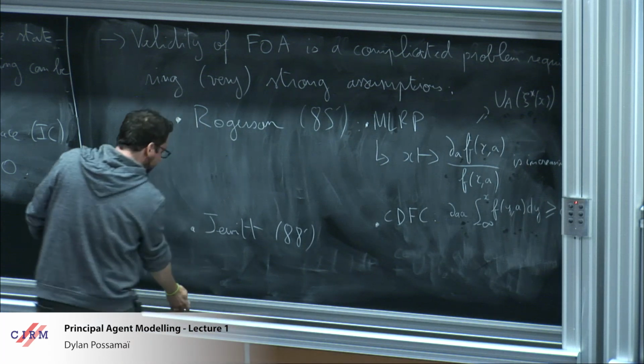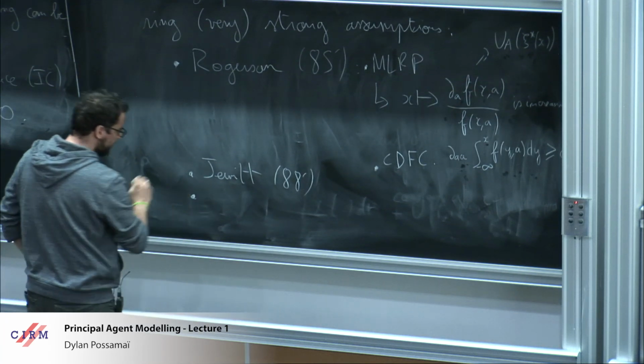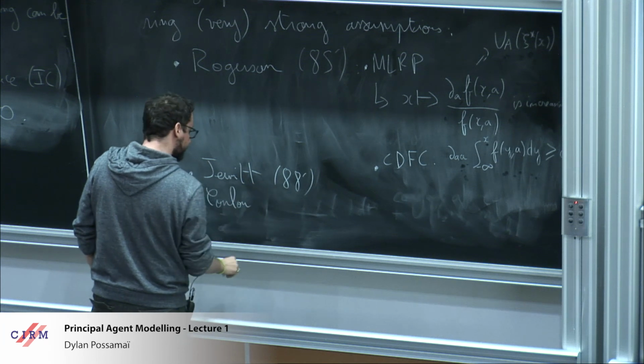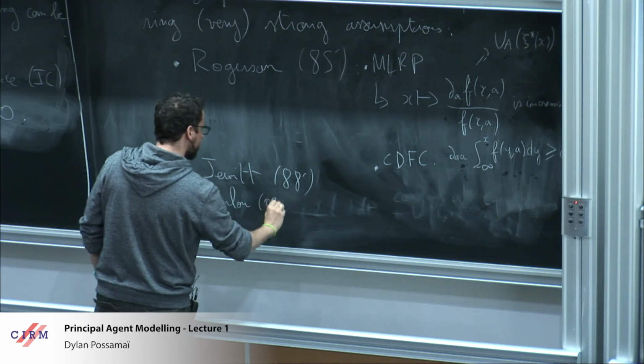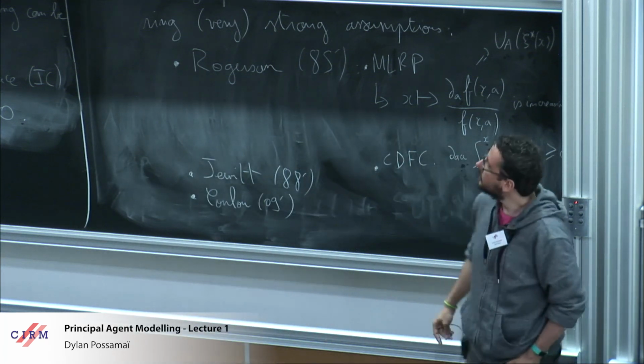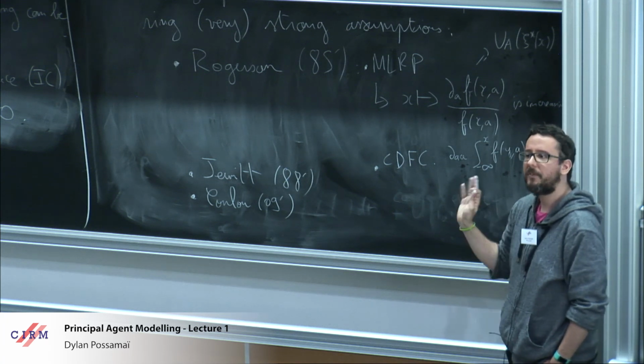If I want to be thorough with references, another important paper here is by Conlon. That's 2009. So if you remember in the beginning, I told you that for simplicity, I take everything R-valued.